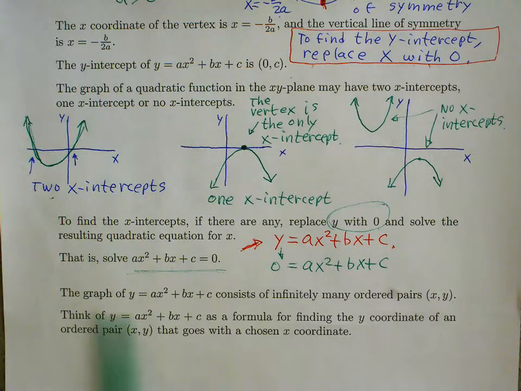The graph of y equals ax squared plus bx plus c consists of infinitely many ordered pairs of the form (x, y). Think of y equals ax squared plus bx plus c as a formula for finding the y-coordinate of an ordered pair xy that goes with a chosen x-coordinate.